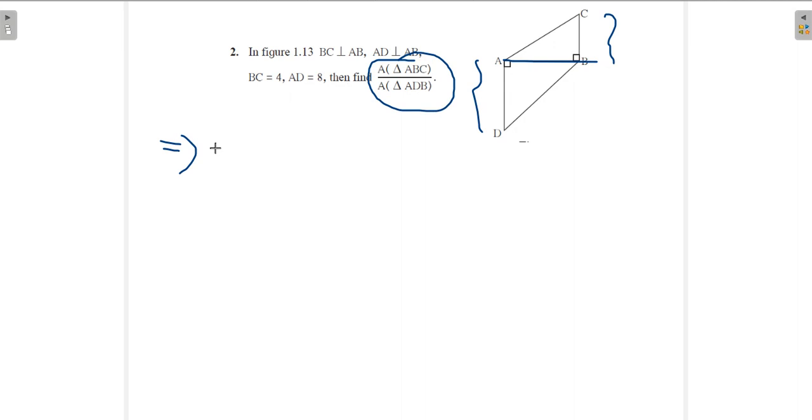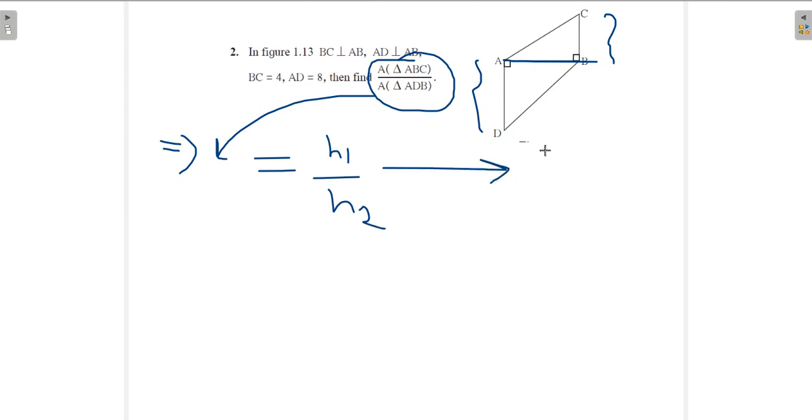So this is equal to, look on the left side, write this, area of triangle ABC upon ADB is equal to H1 upon H2. You can write directly. The reason you can give is very simple. What you can say? Triangles of same base. Okay, triangles of same base means their base is same.